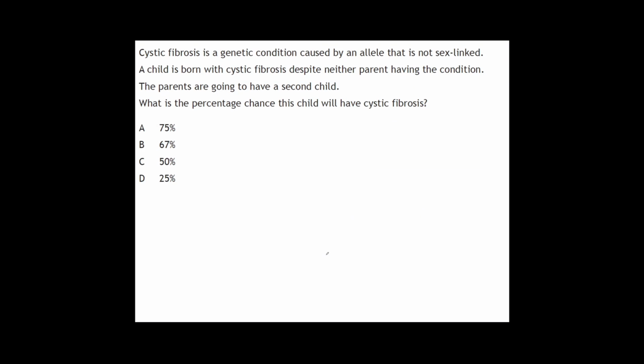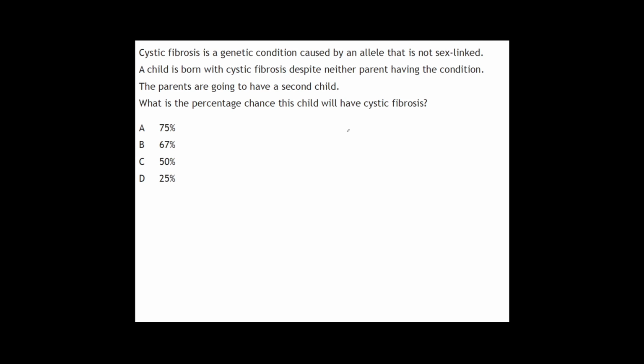Now let's have a little look at an example question just to make sure we do understand this fully. So we have cystic fibrosis as a genetic condition caused by an allele that is not sex-linked. A child is born with cystic fibrosis despite neither parent having the condition. The parents are going to have a second child. What's the percentage chance this child will have cystic fibrosis? Okay. So it's caused by an allele that's not sex-linked, okay?